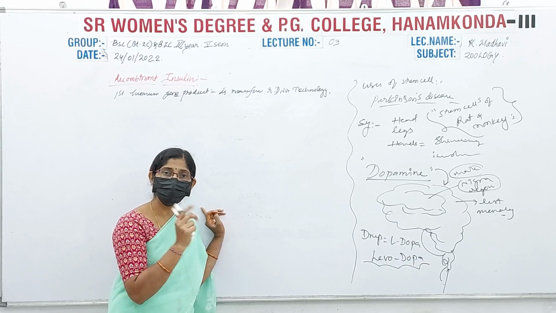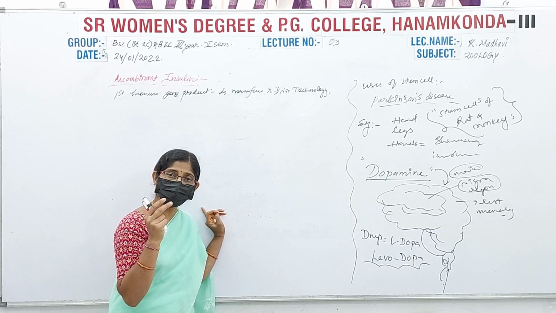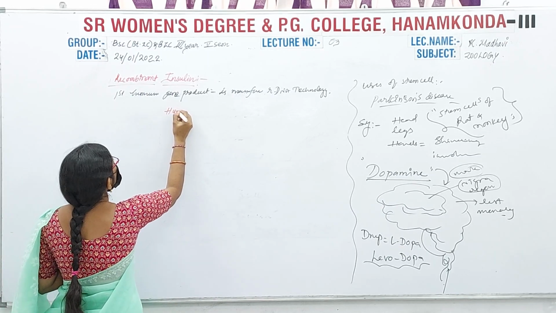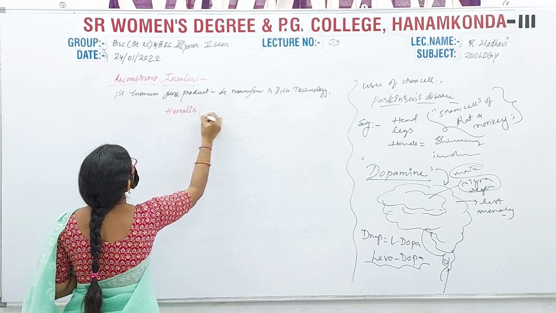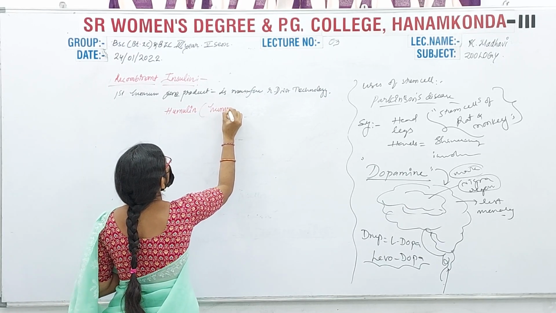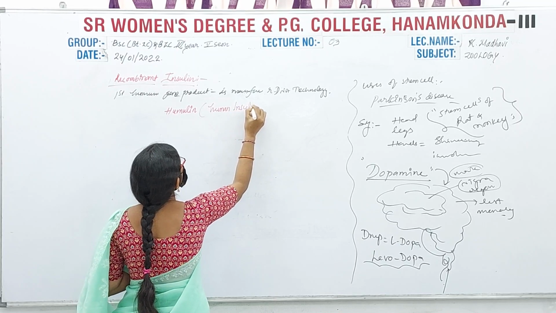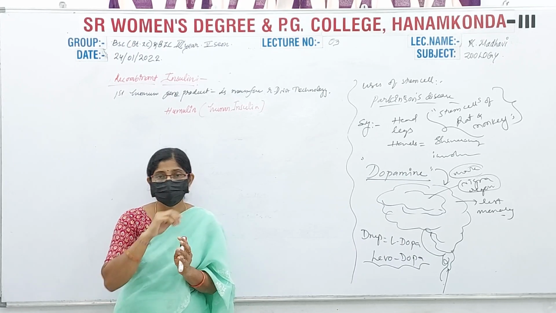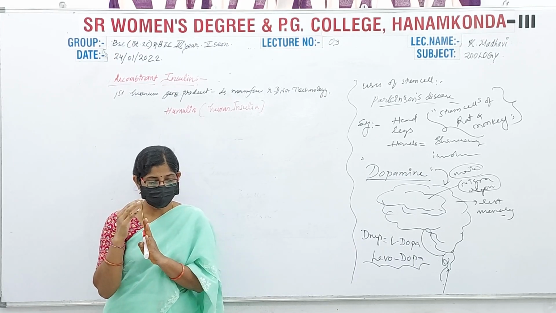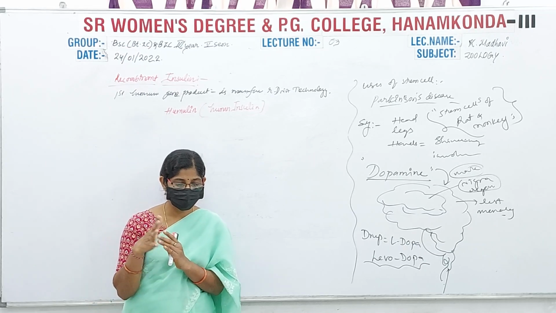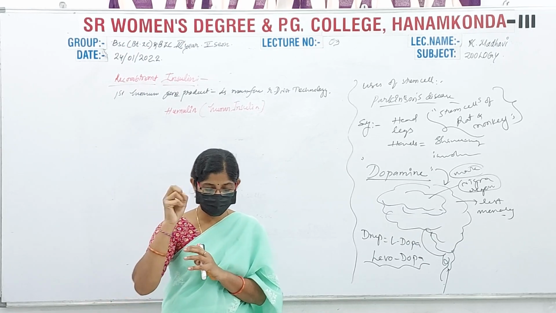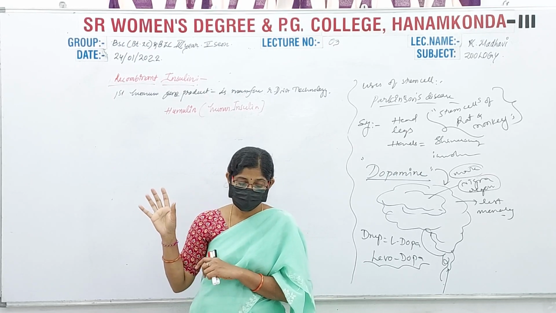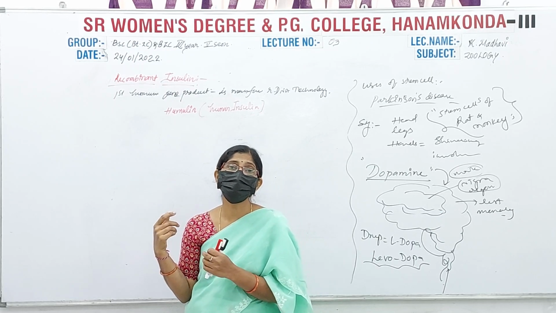Human insulin produced by this technology is given the name humulin, human insulin. Before this, diabetic patients depended upon animal insulin, which is extracted from the pancreatic islets of slaughtered cattle and pigs.